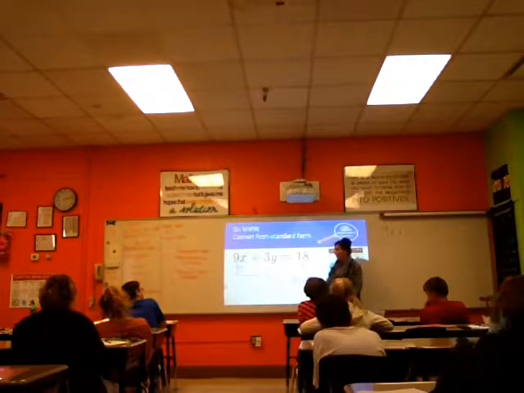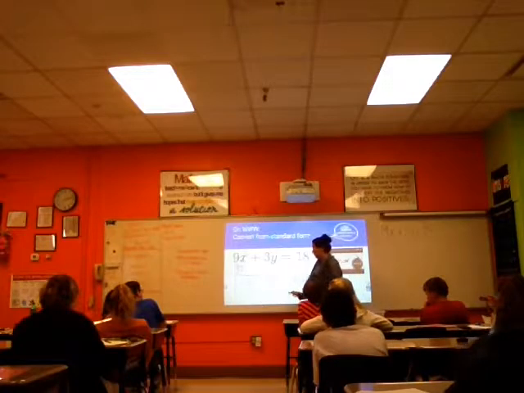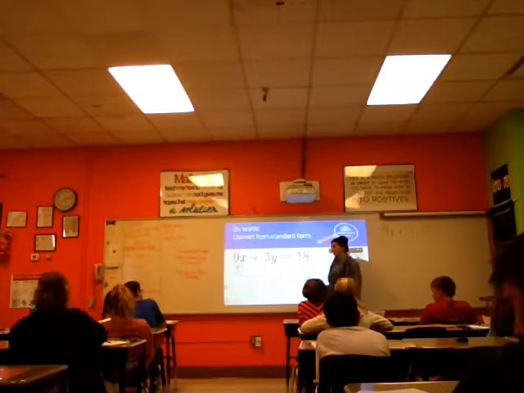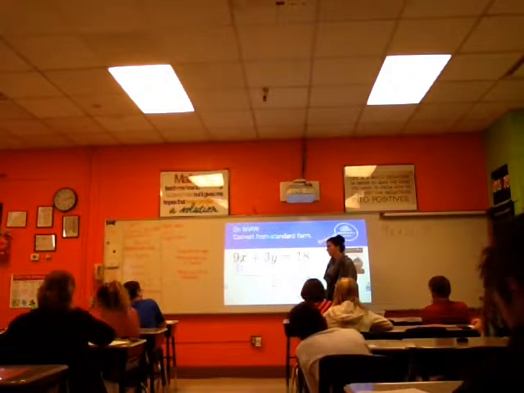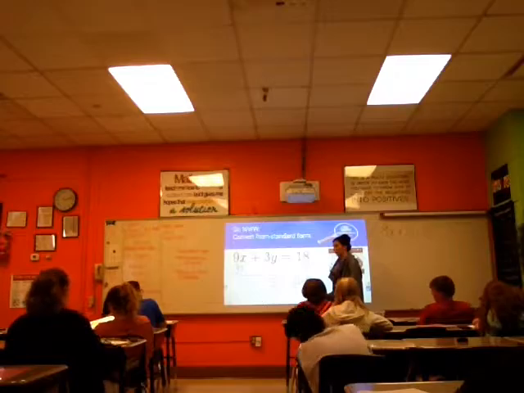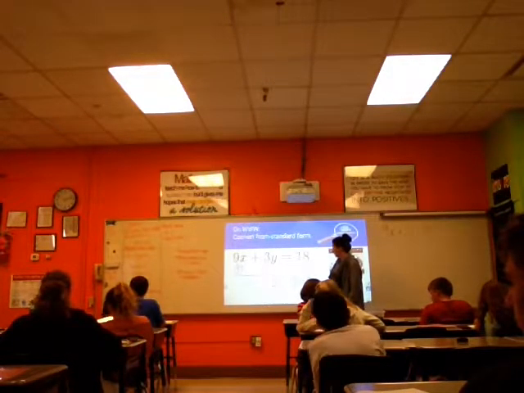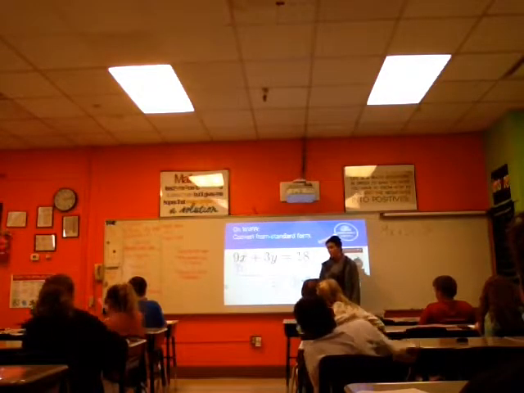How am I going to get y by itself? Divided by what? 3. What do I have to do over here? And 18, right? Each term. Okay? So Francesca, do you have your final answer?